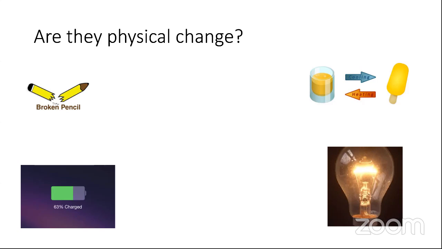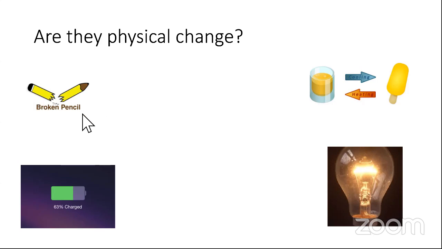Because it's still in the same form except it's broken up. Yeah, it's still the same substance, and even though it is broken, no new substance forms. So it is physical change.